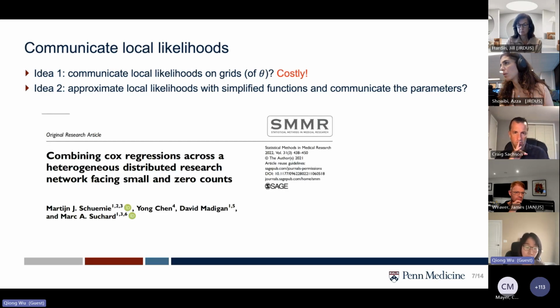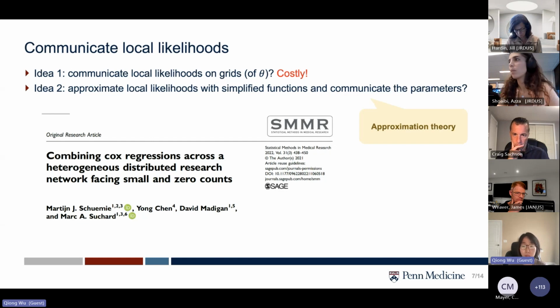There is a previous work by Martin and co-authors focusing on Cox regression with small and 0 counts, and they provided a few options to approximate the partial likelihood of the Cox regression. In our paper, we look into the approximation theory, and we would like to find methods that can be generally useful for regression models, not only the Cox regression.